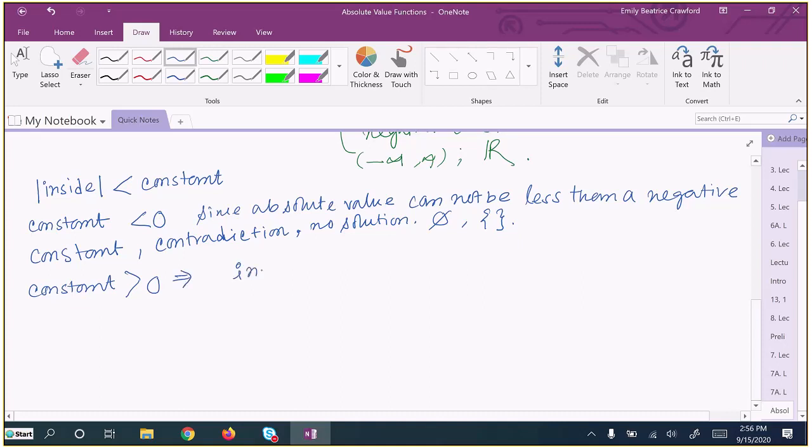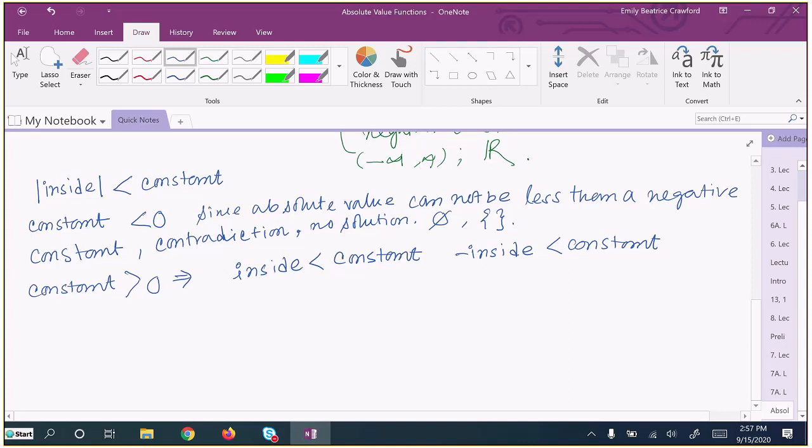You write inside of this absolute value is less than the positive constant, or negative inside of the absolute value is less than the constant. Those are the two definitions of the absolute value.